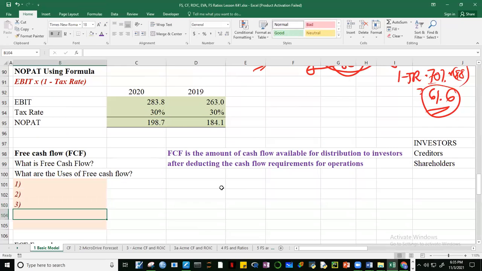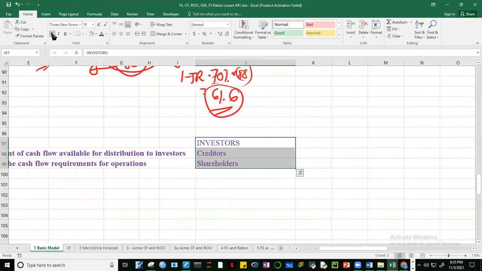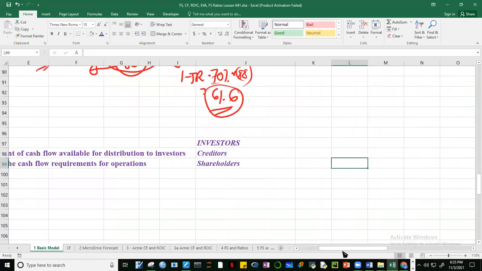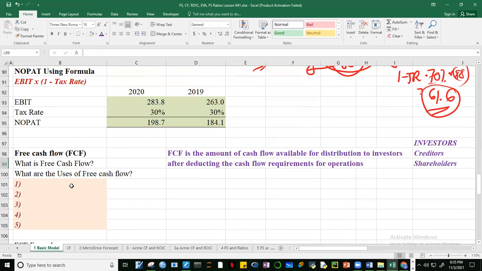Okay, let's identify 5 potential uses of free cash flow. If they're used for investors, what could be the use of them? Examples. Anyone? Any volunteer? Any guess?